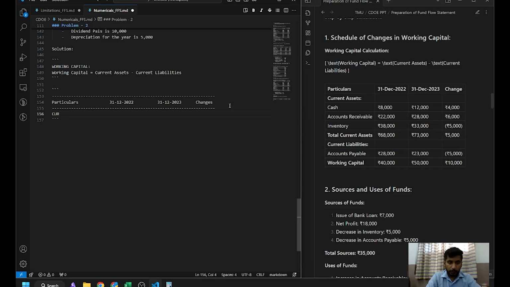So first of all is the current assets. Now, what are the current assets that we are having?